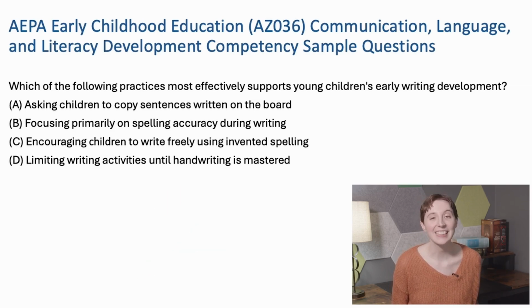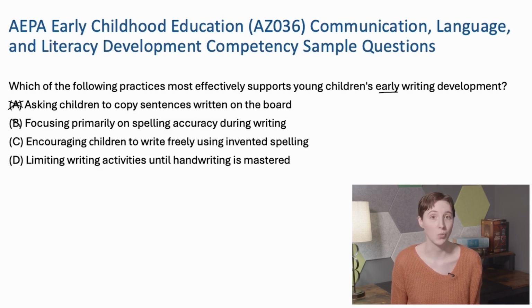For this question, let's use context clues to narrow in on the right choice. Our biggest clue is that we're focusing on early writing development. That means we're not looking for perfection. We're trying to make sure that students are building the right foundations for later writing success, like phonemic awareness. Copying doesn't promote original thought or phonics understanding.